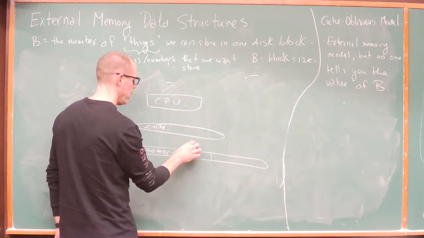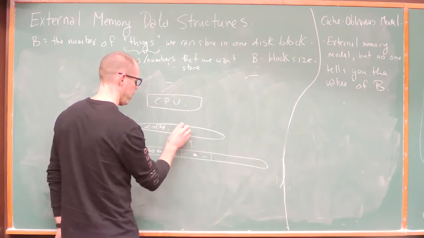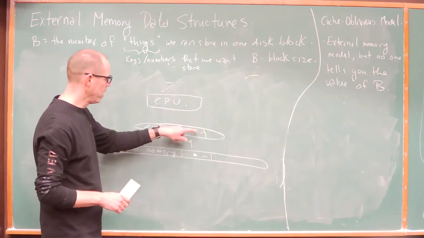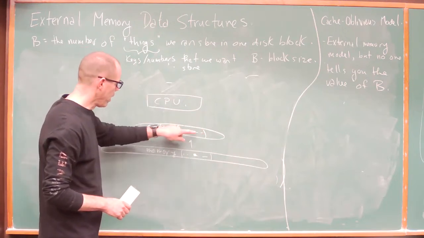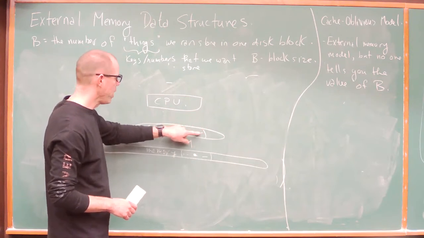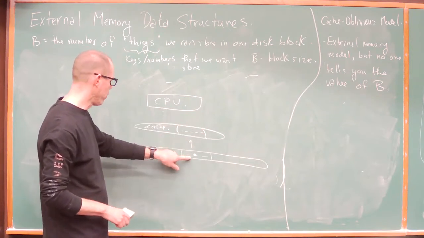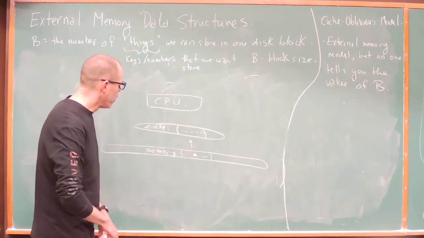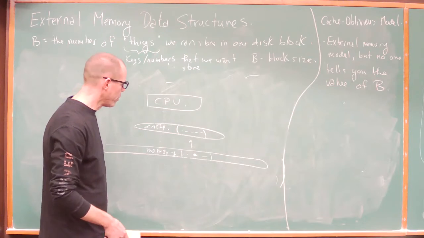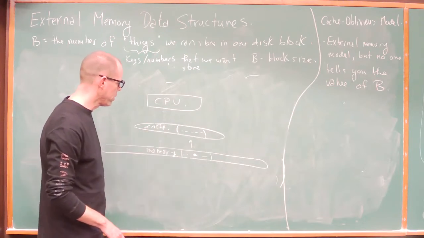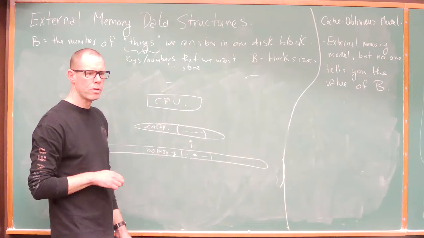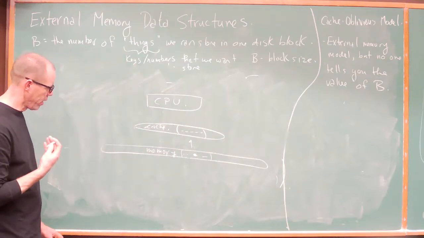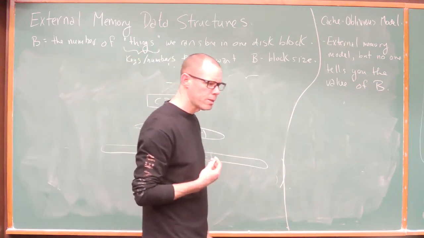But behind the scenes, that whole block of things moves into the cache. And if your CPU happens to ask for things that are in the same block, then afterwards you do not pay this IO for getting this thing from memory again. Of course the difficulty is you don't know how big the block is and exactly how it's aligned and so on. So you should be able to do this so that it works no matter how big the block size.